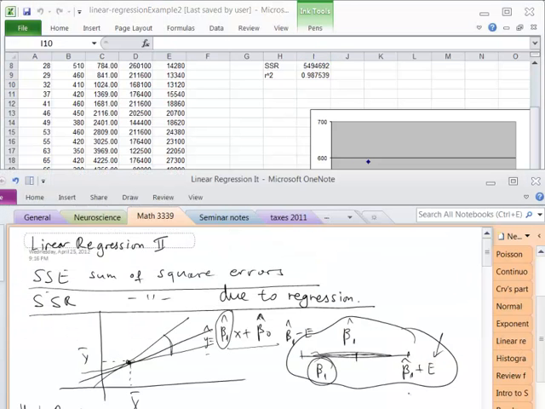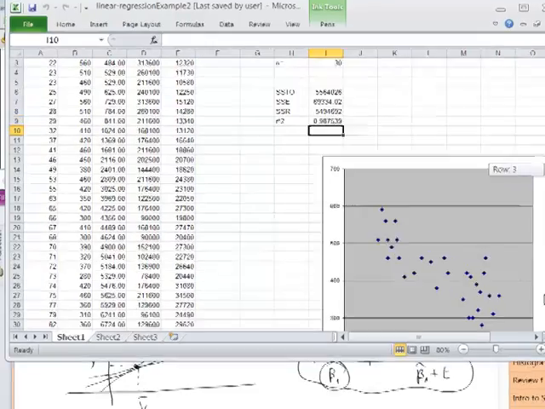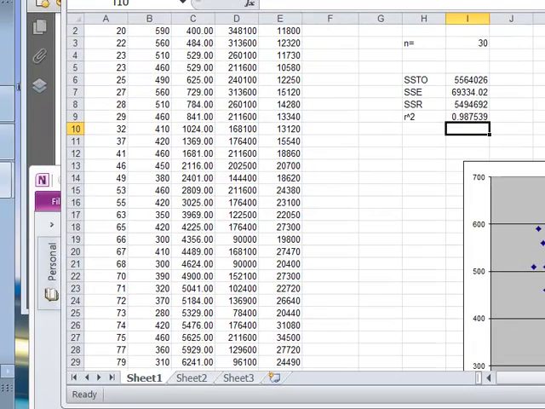And if we calculate a quantity, as you see here, if you divide SSR by SS total, then you get a quantity which is called the coefficient of determination. And this is the so-called R square.